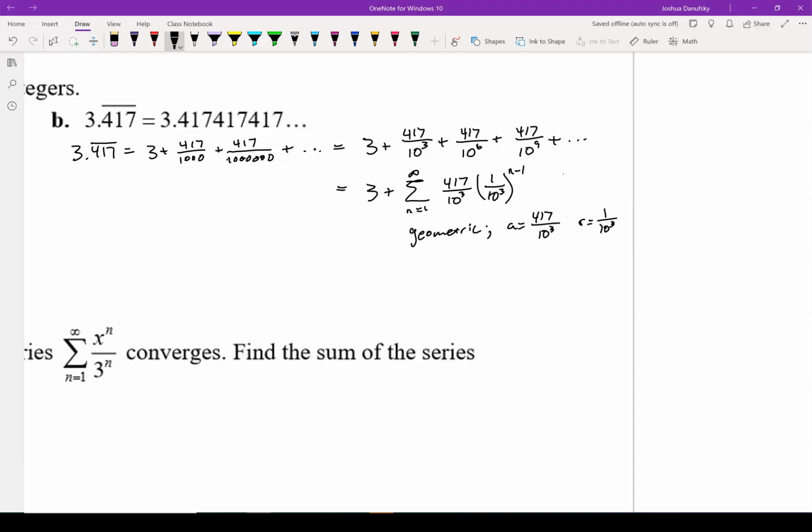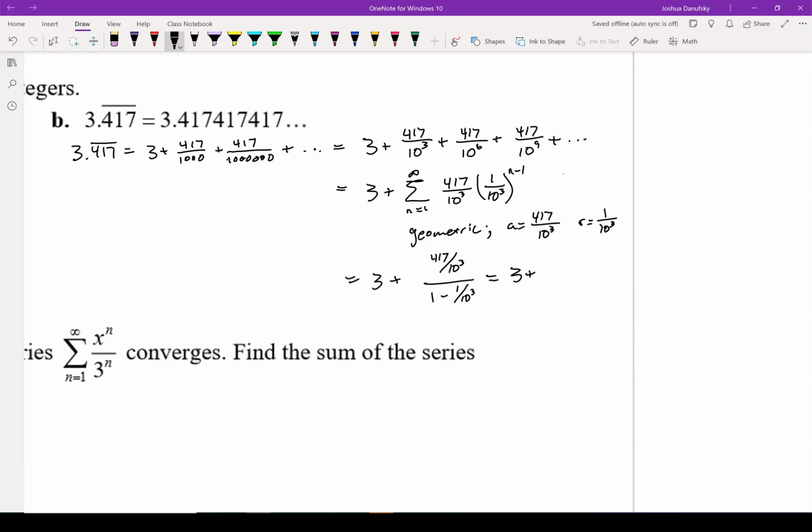And of course, absolute value of r is less than 1 again, so this series will converge to a, which is our 417 over 10 to the third, over 1 minus 1 over 10 to the third.